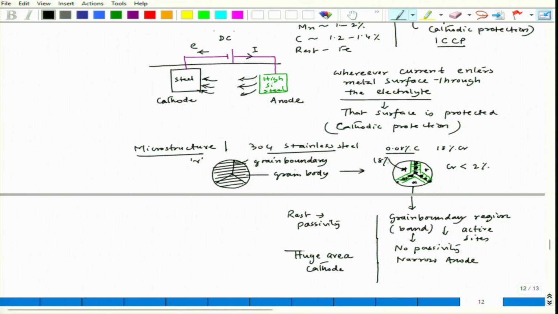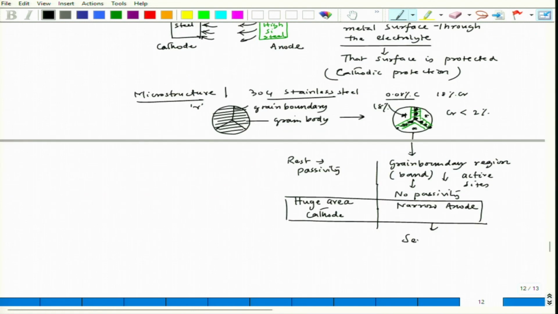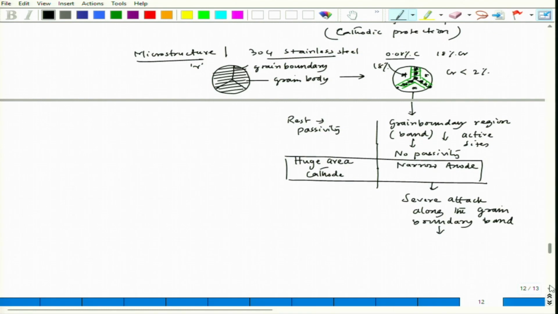So, this particular condition would lead to severe attack along the grain boundary band, and this leads to one dangerous corrosion event, we call it intergranular corrosion.